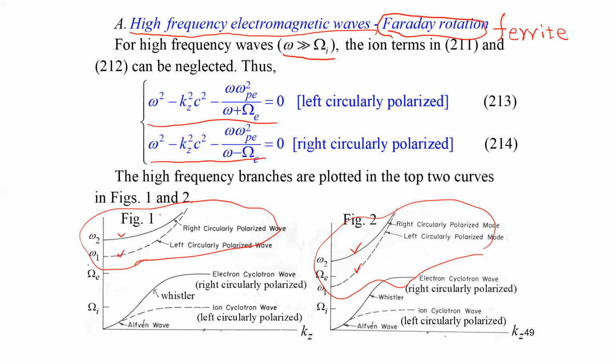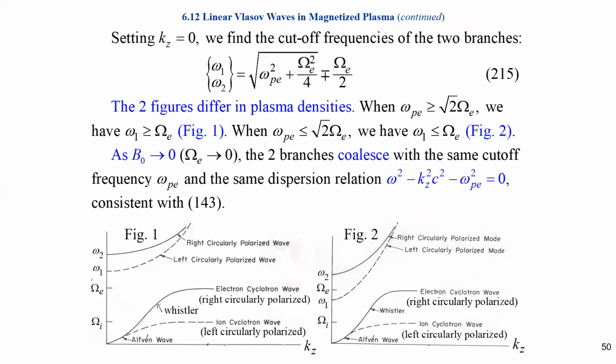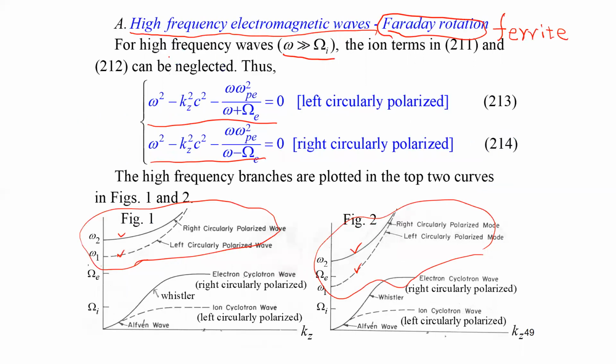So we have two conditions. We will classify into two categories. Okay, setting Kz equals 0, we find the cutoff frequency of the two branches. We have two roots under this condition, Kz equals 0. Go back to this one.